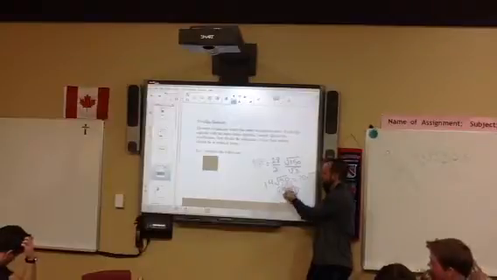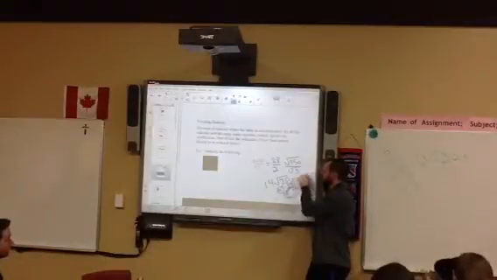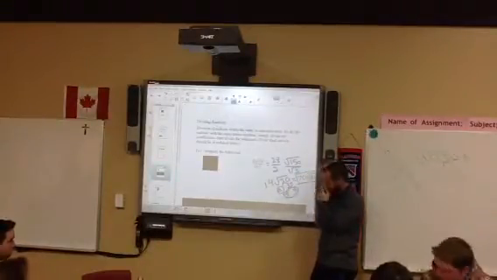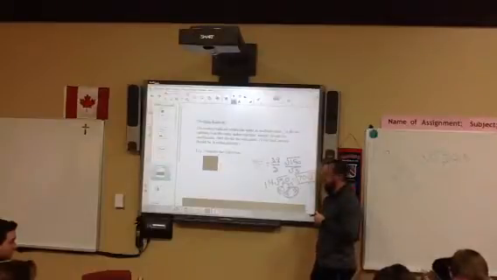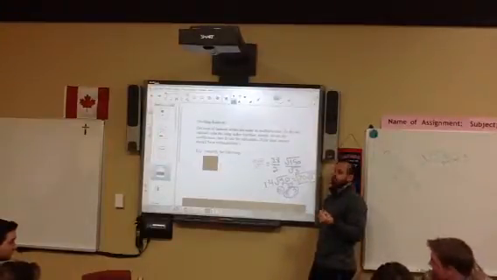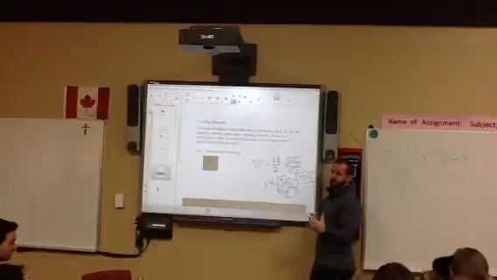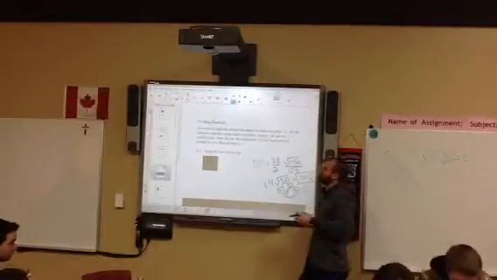And what was left? 2. 70 root 2. Okay? That's one method. You can choose to simplify it after, or you can choose to simplify it before.